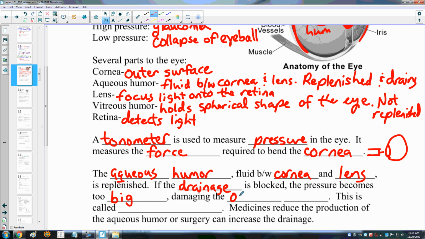And this can damage the optic nerve. The optic nerve takes that information from the eye to the brain. This is called glaucoma. And they produce medicines to reduce the production of the aqueous humor, or you can have surgery that will actually increase the drainage.